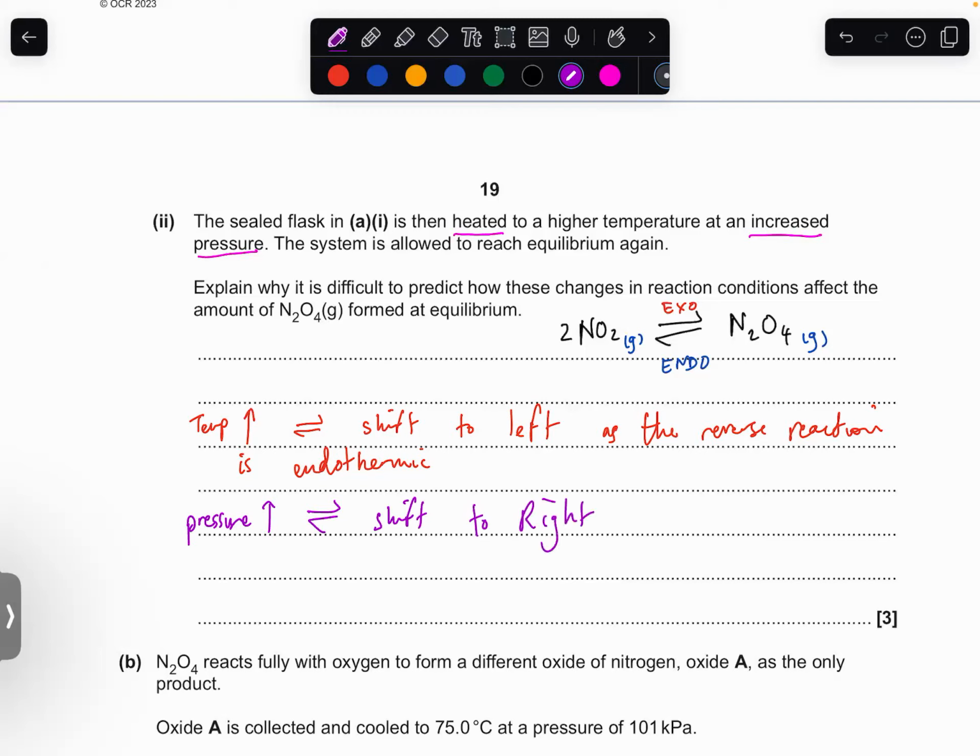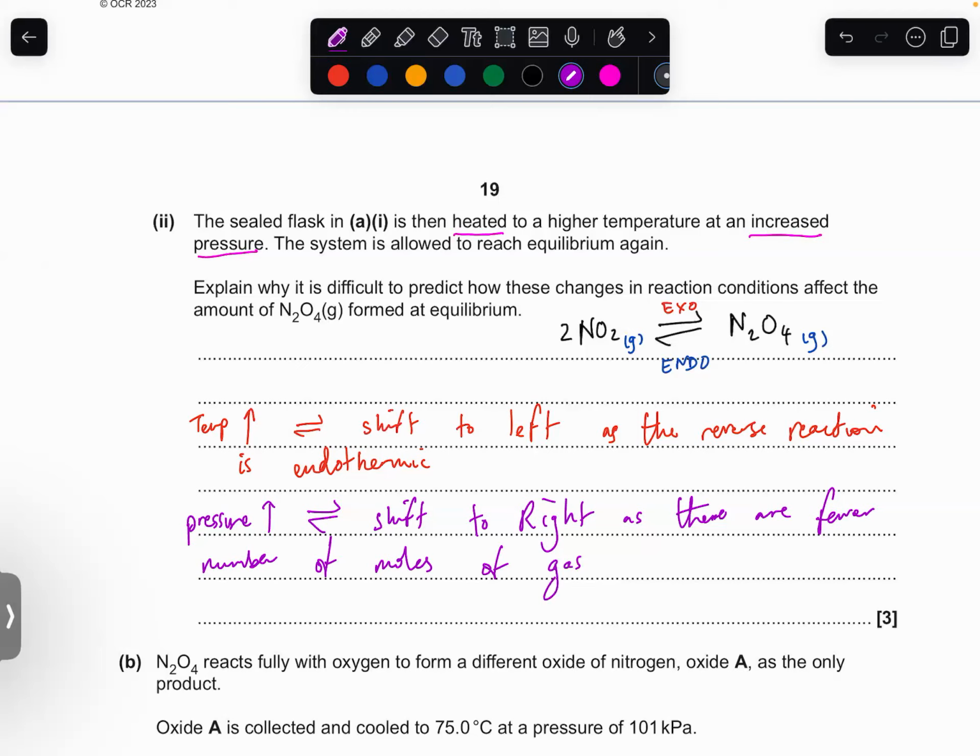Why? As there are fewer number of moles of gas.